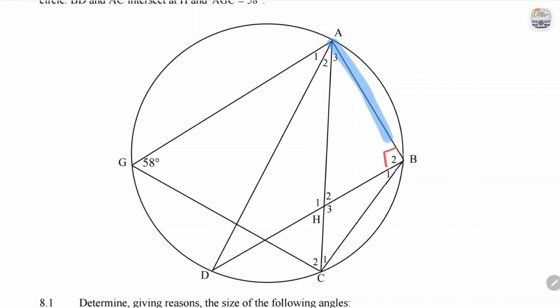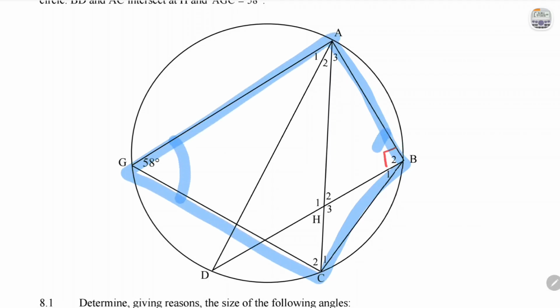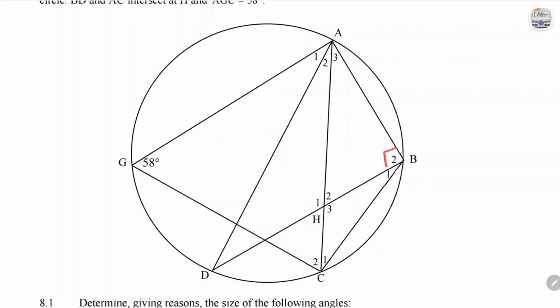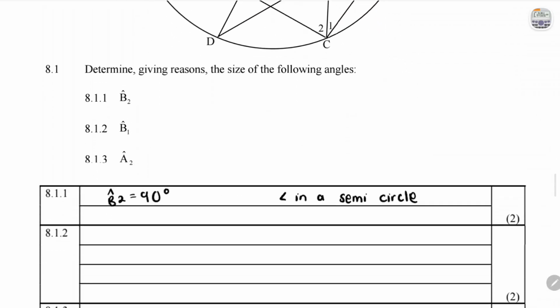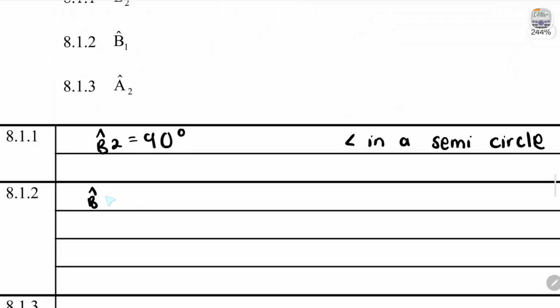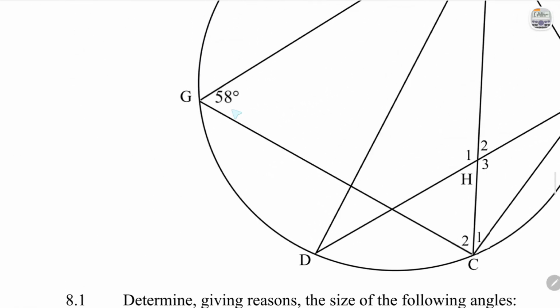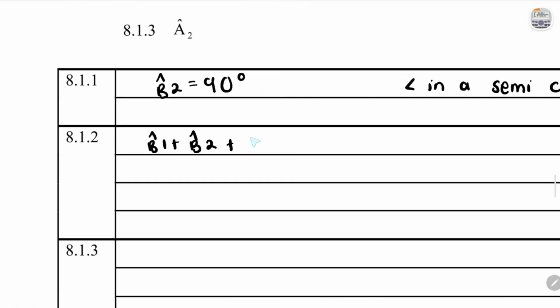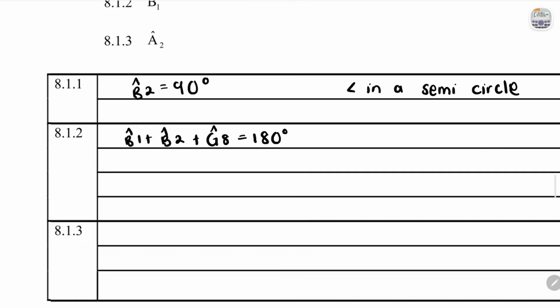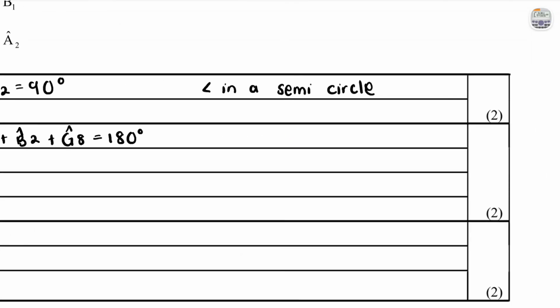Together, if you join A, B, C, G, we have a cyclic quadrilateral. And we know that the opposite angles of a cyclic quadrilateral add up to 180 degrees. So angle B1 plus angle B2 plus the angle we already have, angle G, which is 58 degrees, should add up to 180 degrees, because opposite angles in a cyclic quadrilateral add up to 180 degrees.